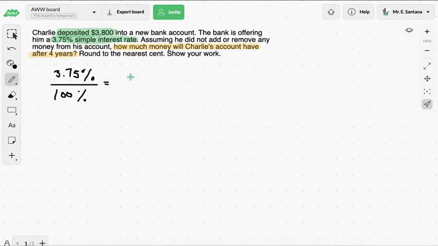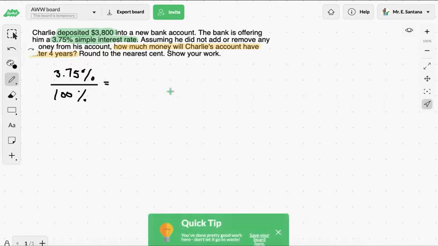Here, what I have is how much interest, but it's not the overall interest because we're not calculating 4 years. It's just the interest for 1 year. So I'll use the letter S for simple interest.